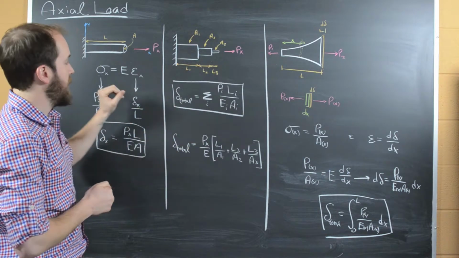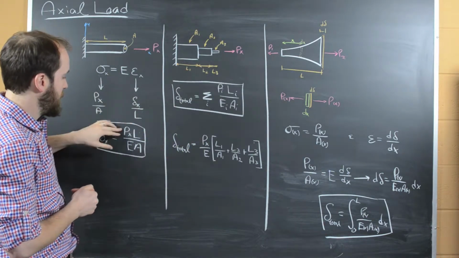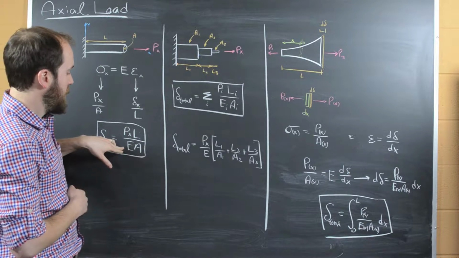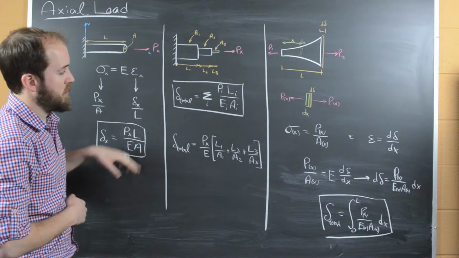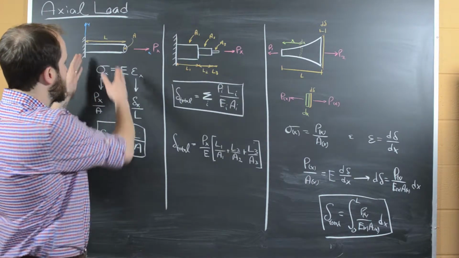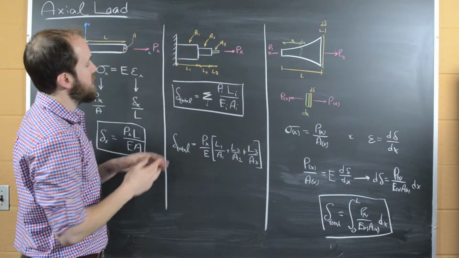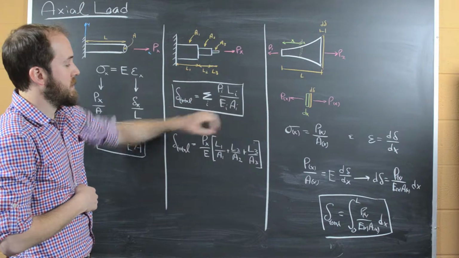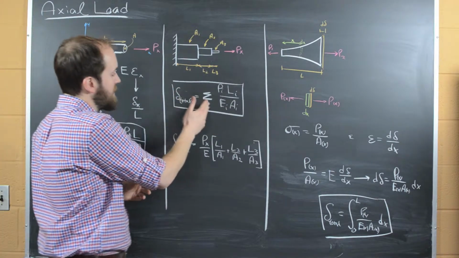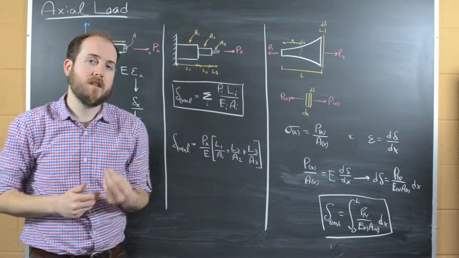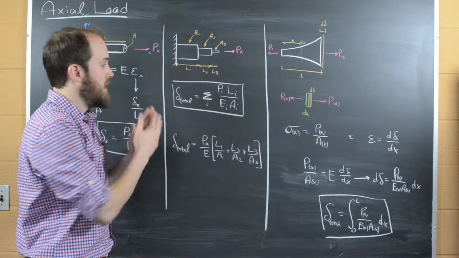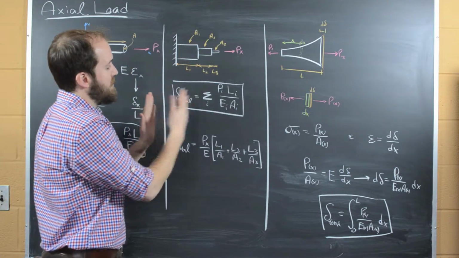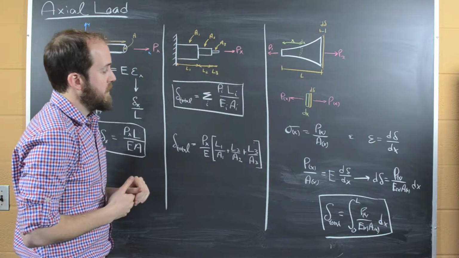This is all saying that the deflection is going to be your force times your length over your elastic modulus times your cross-sectional area. And what it's saying is we can break this rod up into discrete elements where something might vary, maybe the length, the modulus, and the area of those elements, and we can sum them all up. And we can sum them all up because of the law of superposition, which says this is a linear relationship, and so these can be added together in series.